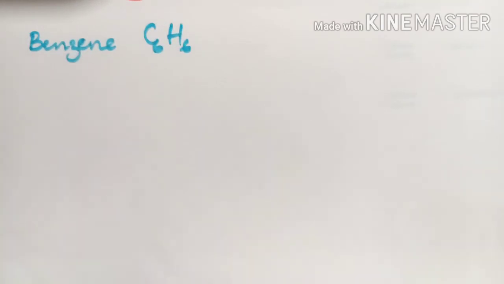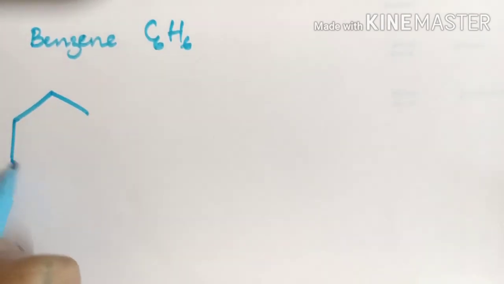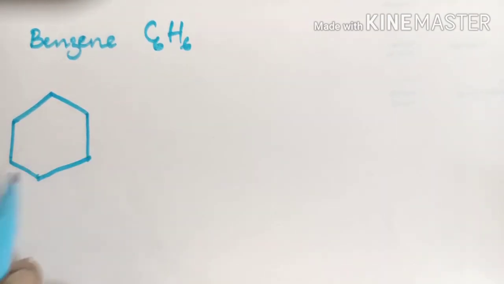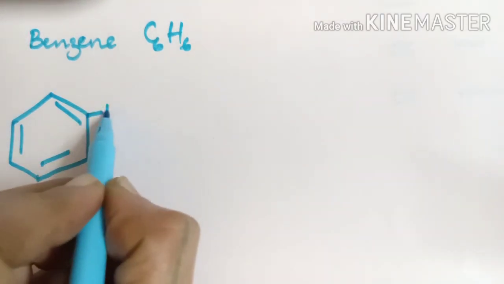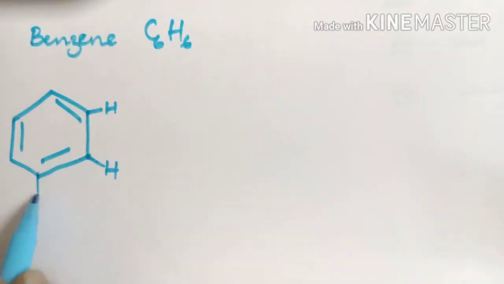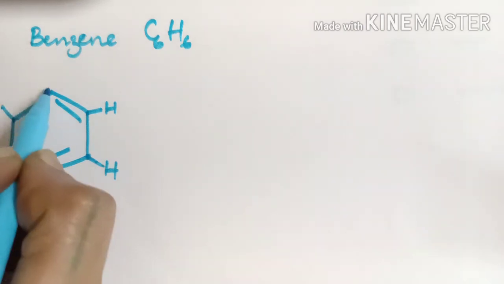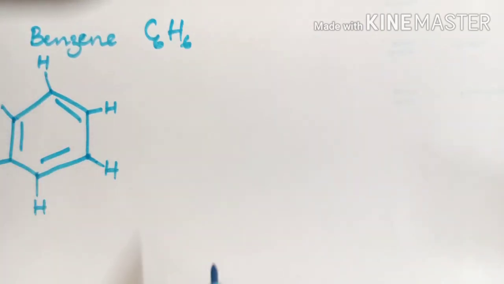Benzene has the formula C6H6, which we will write as a hexagon with alternate double bonds. So here you find that a total of 4 bonds are there around each carbon, and it is tetravalent in nature. That is why it is having 4 bonds.